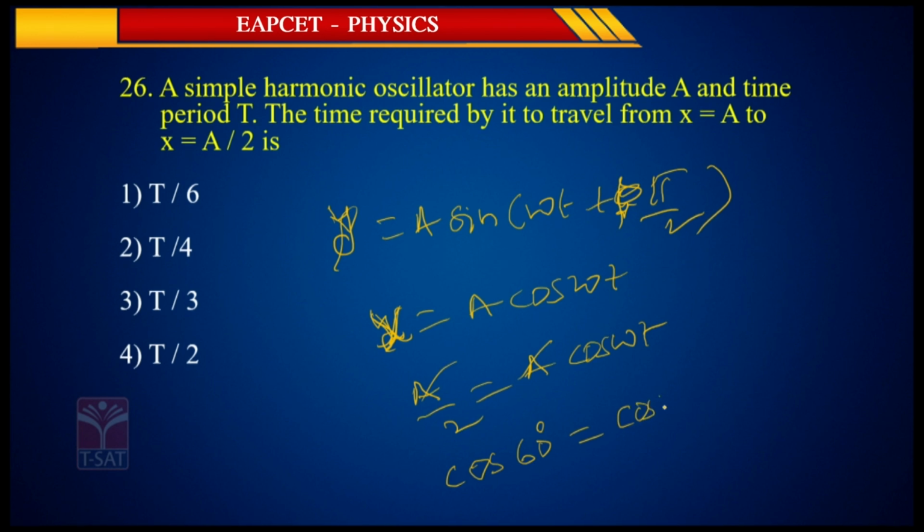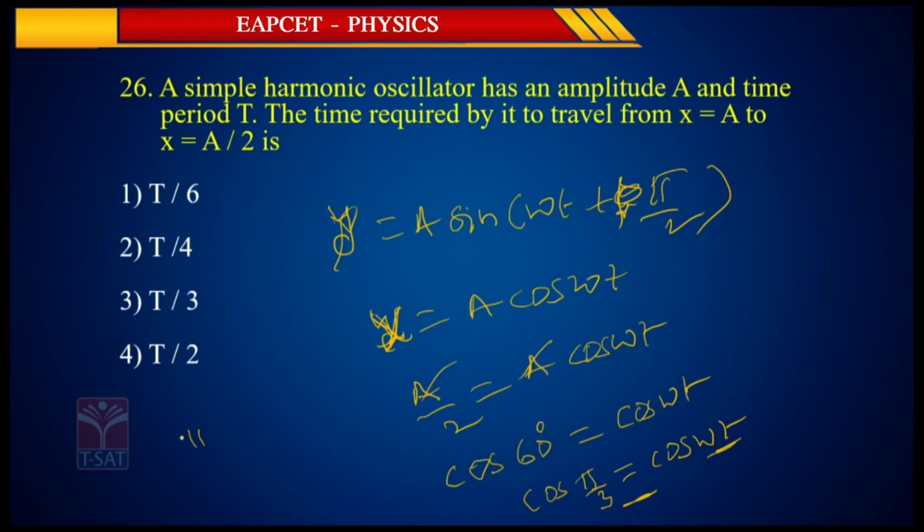Cos omega t. Okay, here this is cos 60. You can also write that as cos pi by 3. Pi by 3 means 180 by 3, children. 180 by 3 means 60 degrees. Cos omega t. Here you observe both angles.